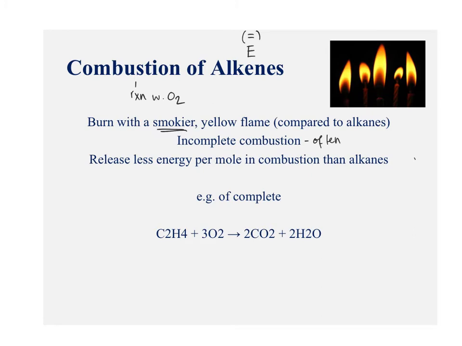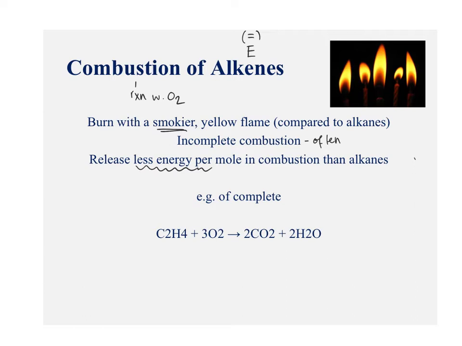Not always, but often. And because of this incomplete combustion, generally the alkenes are going to release less energy per mole, so per 6.02 times 10 to the 23 molecules of that alkene, than the significantly similar alkane.